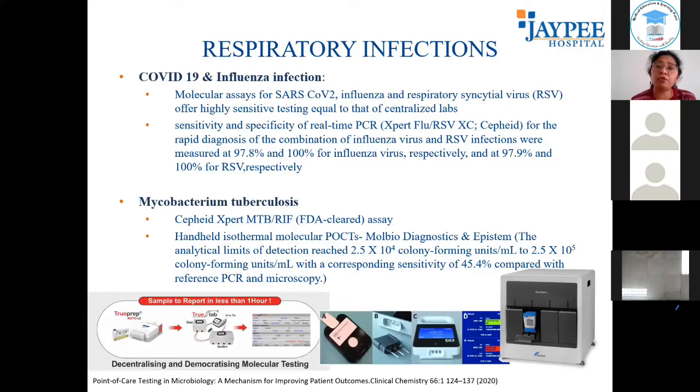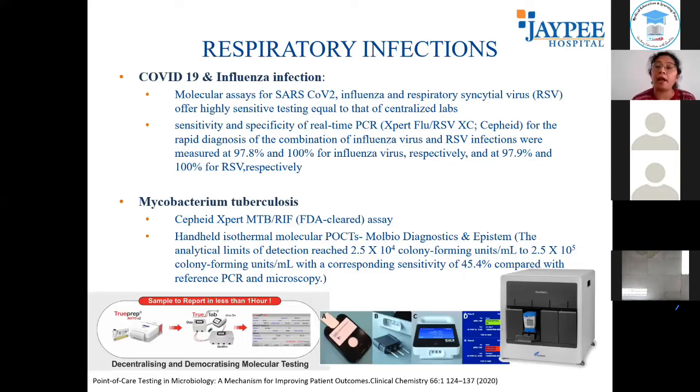There are a lot of molecular assays for SARS, combined assays through GeneXpert, where you can detect SARS-CoV-2, your influenza, and the respiratory syncytial virus in one go, and they have a sensitivity of almost 97.8% for influenza, and similar results for RSV, and for influenza, in fact, the specificity is close to almost 100%. So these are combination assays which are available right now for the various platforms, and primarily on GeneXpert.